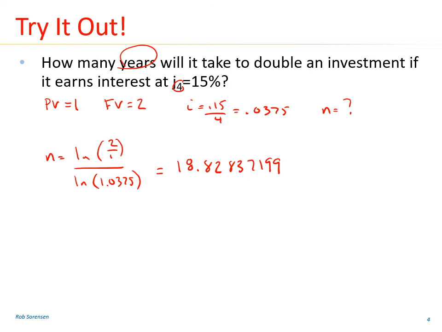Now, we want to convert that to years. So in this case, this is in quarters, isn't it? So to convert to years, I'm going to divide by 4 because there's 4 quarters per year. And that's going to give me 4.71 years, again, to 2 decimal places.